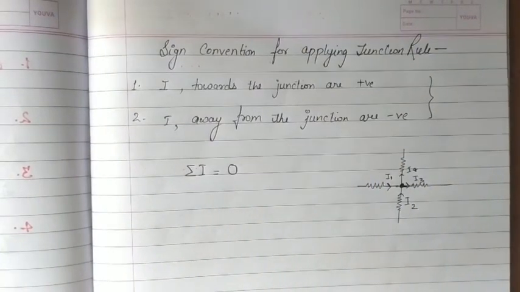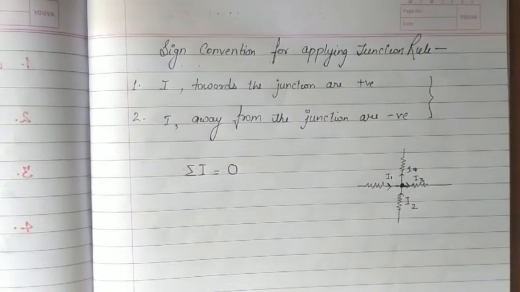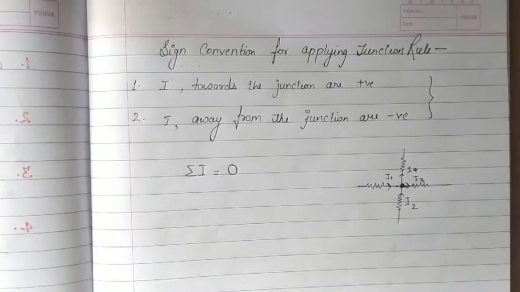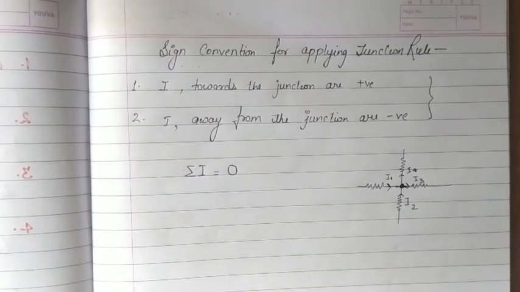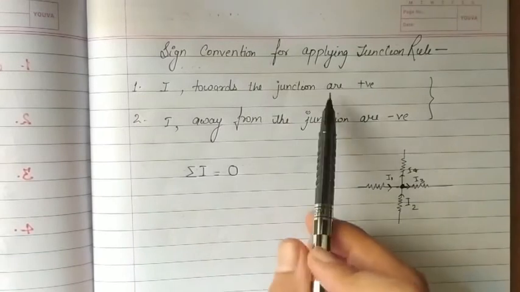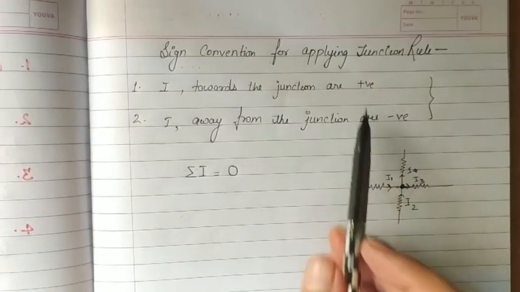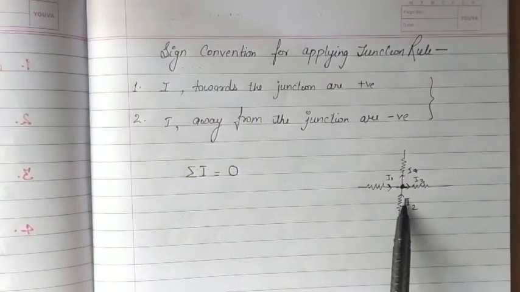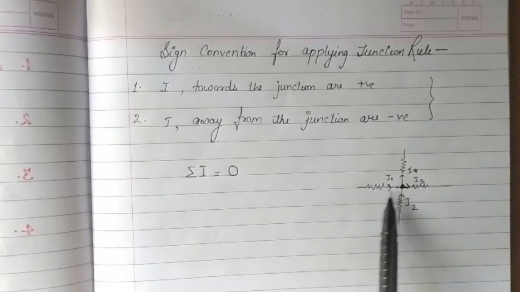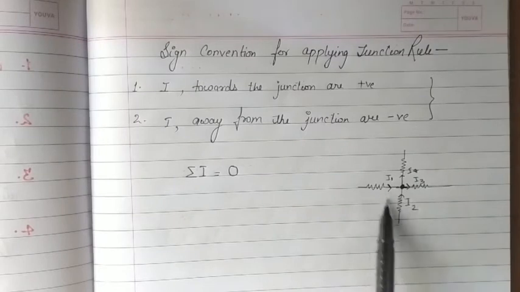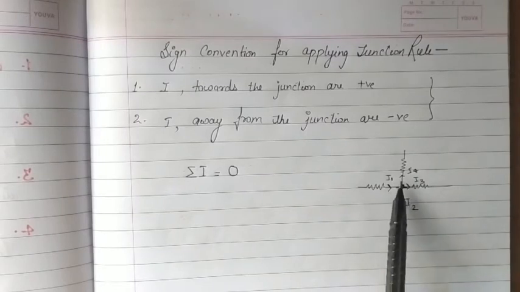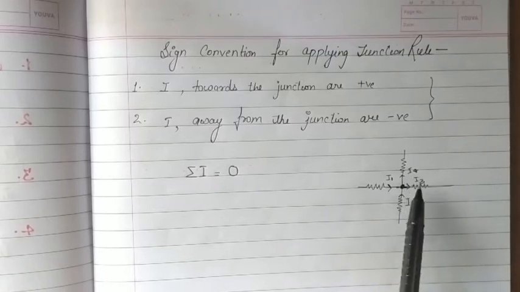Now when we are taking the algebraic sum, we have to consider the signs as per the sign convention. According to the sign convention, currents towards the junction are positive. That means I1 and I2, those currents which are flowing towards the junction, are positive, while those flowing away from the junction, that is I3 and I4, are negative.